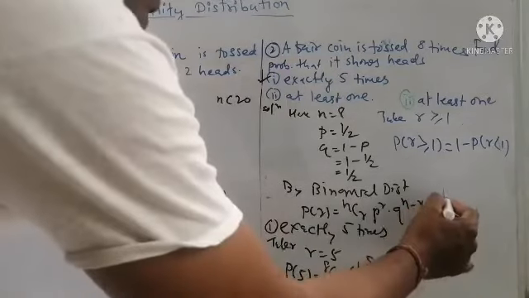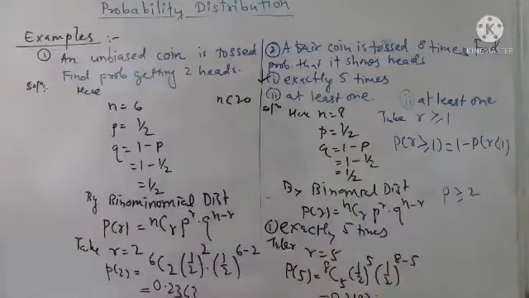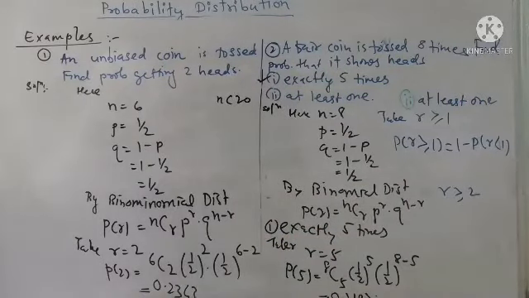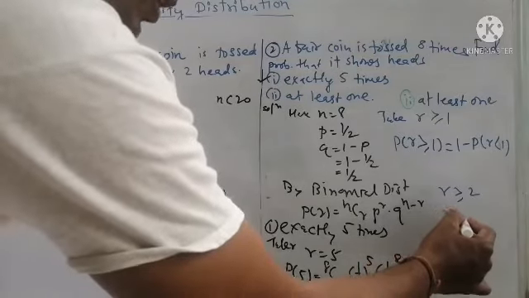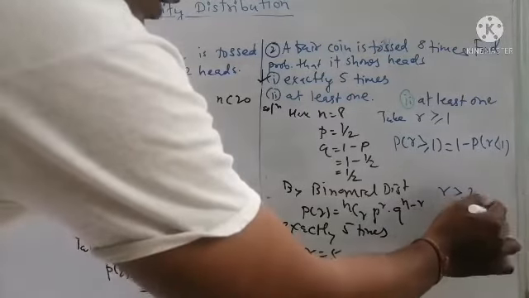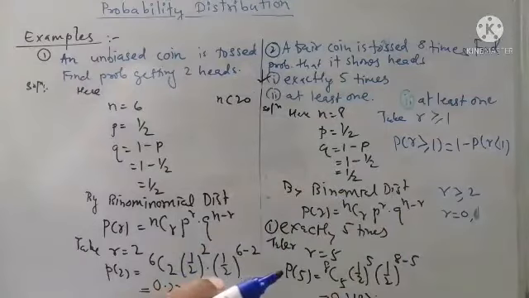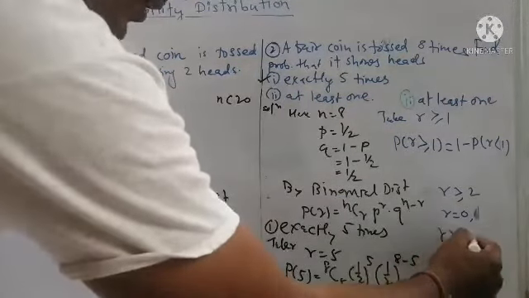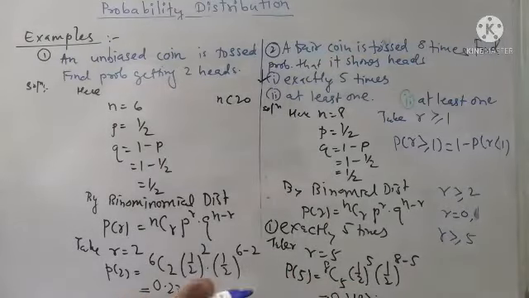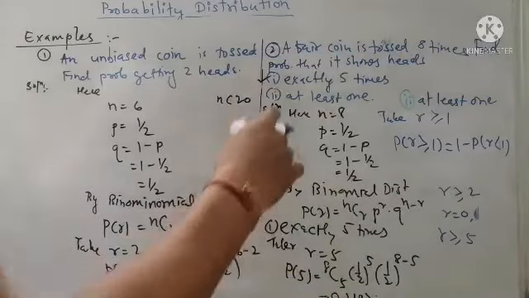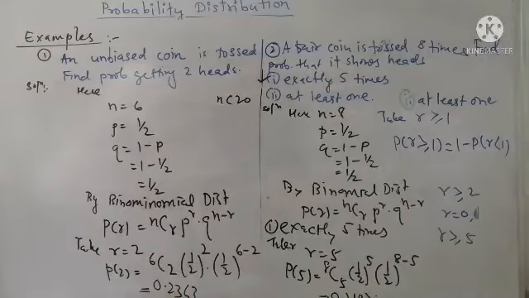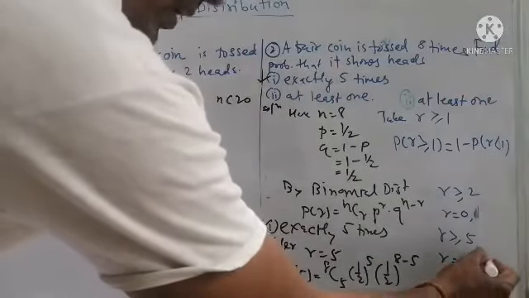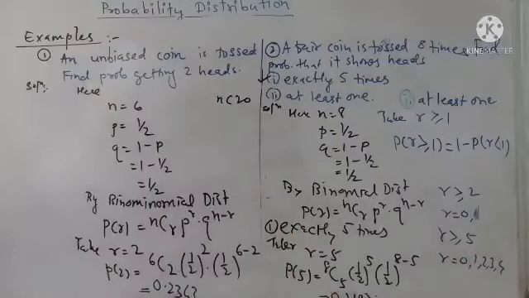If r is greater than or equal to 2, r has values 2, 3, 4, 5, 6, and the complement of that is r has values 0, 1, not equal to 2 and more than 2. Similarly, r greater than or equal to 5 means r has values 5, 6, 7, 8, and the complement of this will be r has values 0, 1, 2, 3, 4.